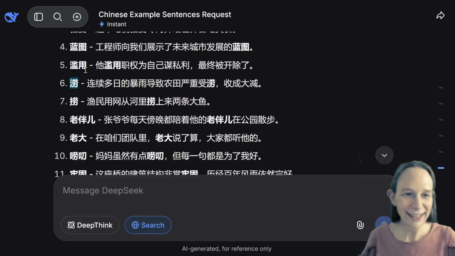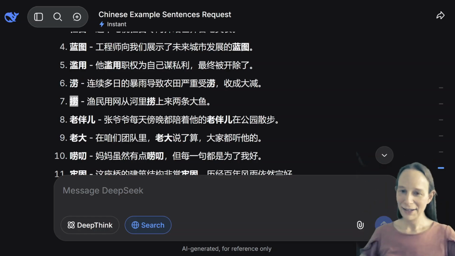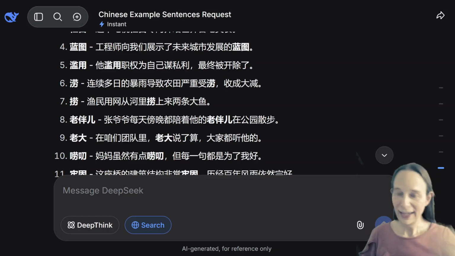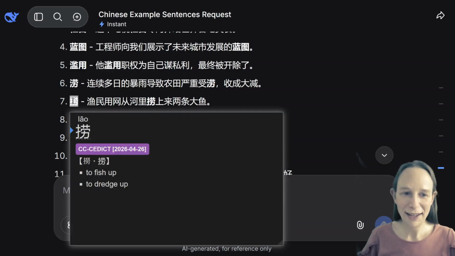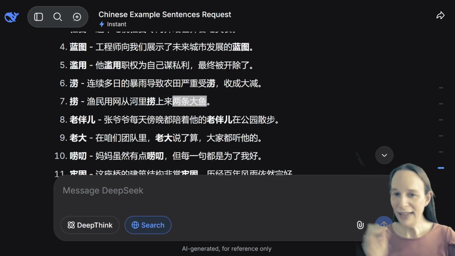All right. Let's get back on track. Lao. Lao is to dredge, such as you're in water and you're dredging fish or dredging silt or the bottom of the ocean or whatever. Lao, fish dredge up. 渔民用网从河里捞上来两条大鱼.